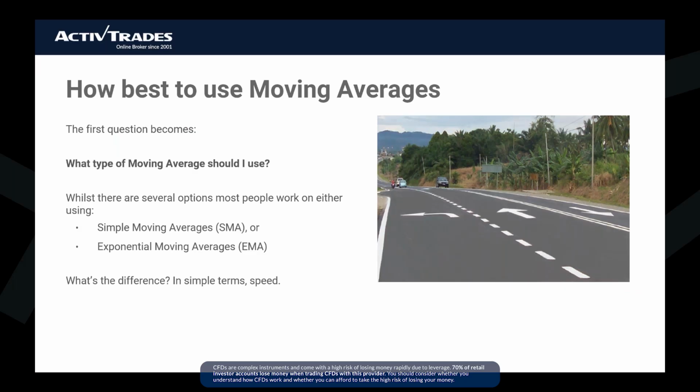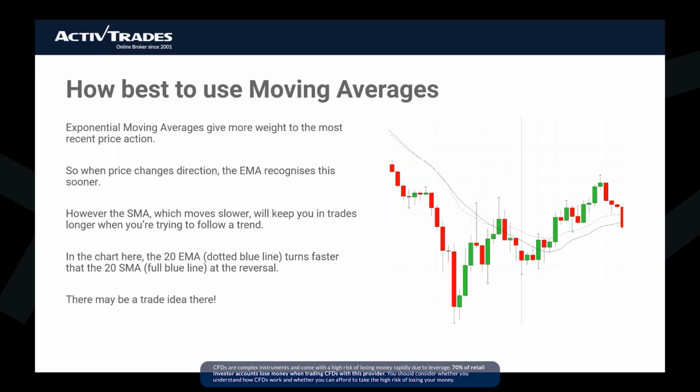Generally, I find that most people are using one of two versions of moving averages, either the simple moving average, the SMA, or the exponential moving average. What's the difference between those two? Well, in simple terms, it is speed. Okay, it is speed, but we'll look at that now a little bit more.